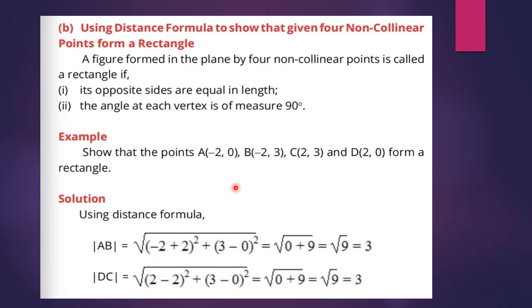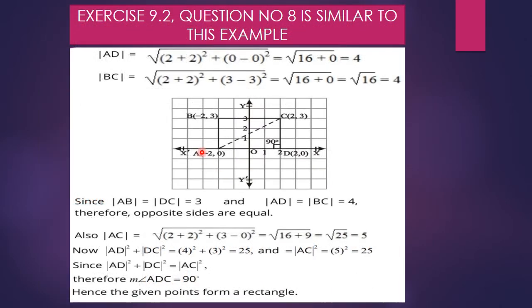Now let's see whether BC is equal to AD or not. Let's check. Now BC is of 4 and AD is also of 4. So we have come to know that AB is equal to CD and AD is equal to BC.